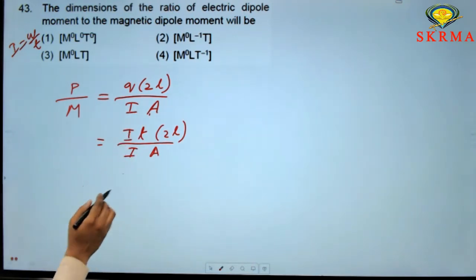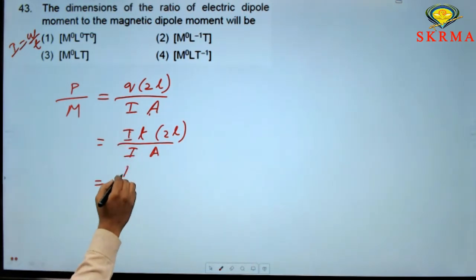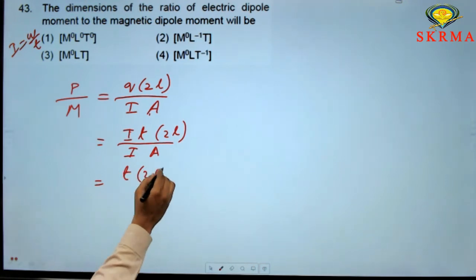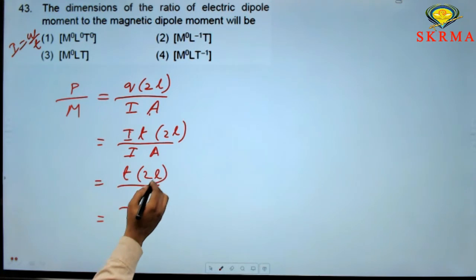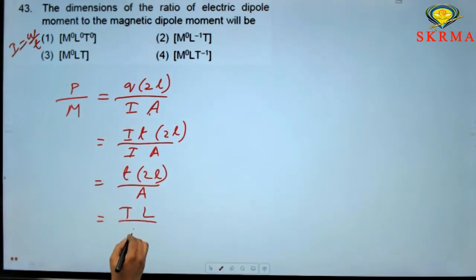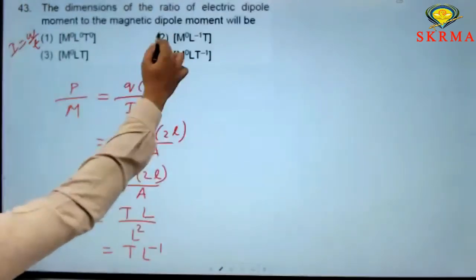Now cancel I and I. Now T into 2L by area. Substitute the dimensional formula: for time T, length L, area L square. So T into L power minus 1.